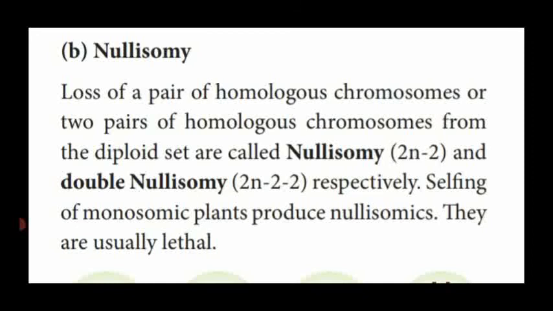Another one, two pairs of chromosomes lost from the diploid set, so 2n minus 2 minus 2, is said to be double nullisomy. These are the different types of nullisomy, but nullisomy is lethal, causing death in an organism. Lethal means causing death in the organism. So those are the different types of hypoploidy.